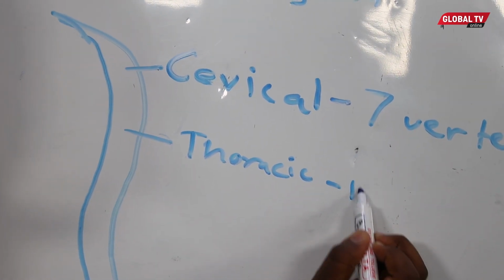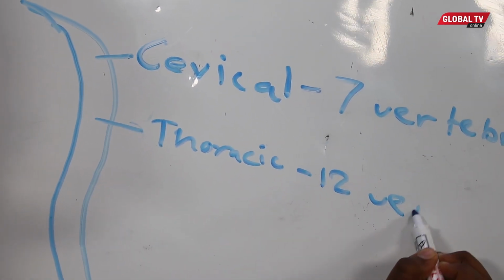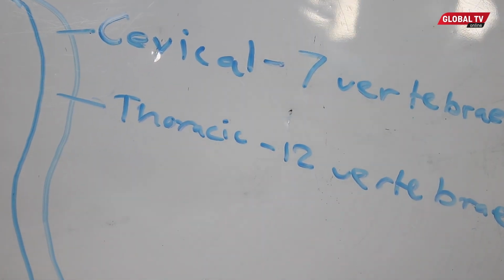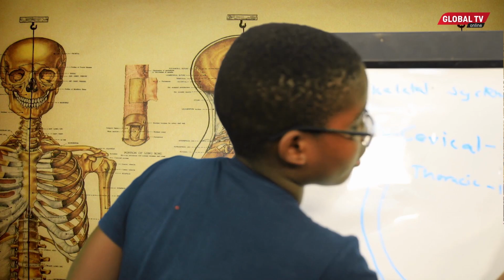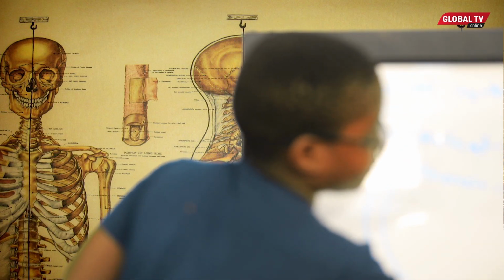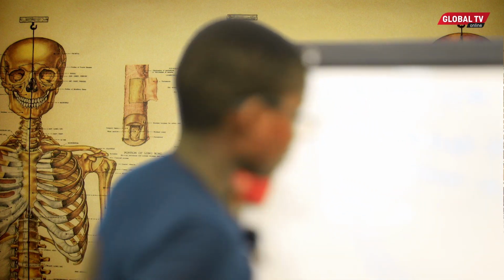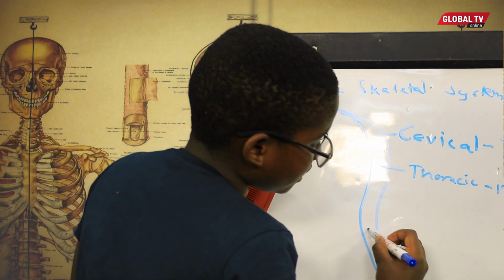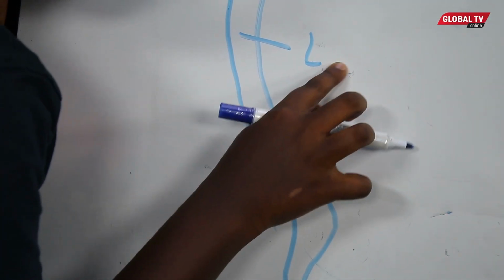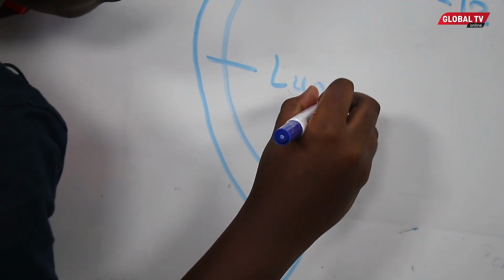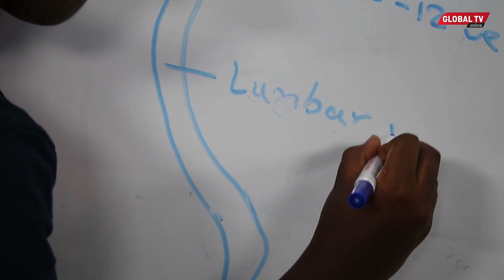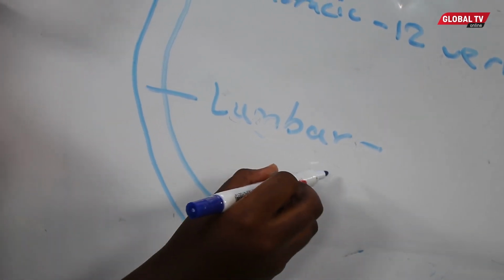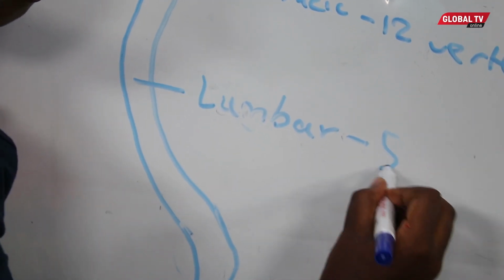The thoracic region consists of 12 vertebral bones. And then we have the lumbar region, back here. The lumbar region consists of 5 vertebral bones.